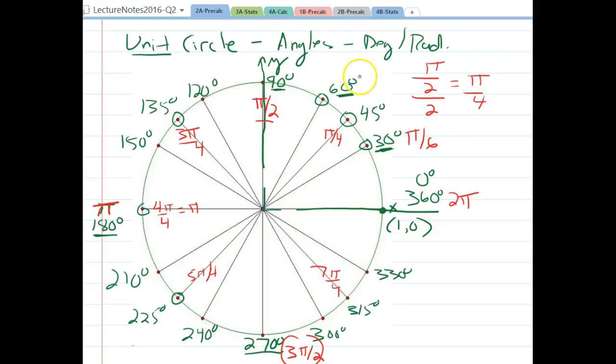If I add pi over 6, I get 2 pi over 6 for 60 degrees, which is pi over 3. Add another one. This is 1 pi over 6, 2 pi over 6. This would be 3 pi over 6. This would be 4 pi over 6. This would be 5 pi over 6, and then 6 pi over 6, and so on and so forth.